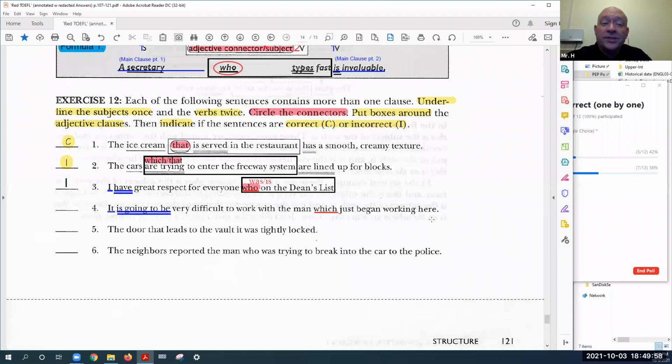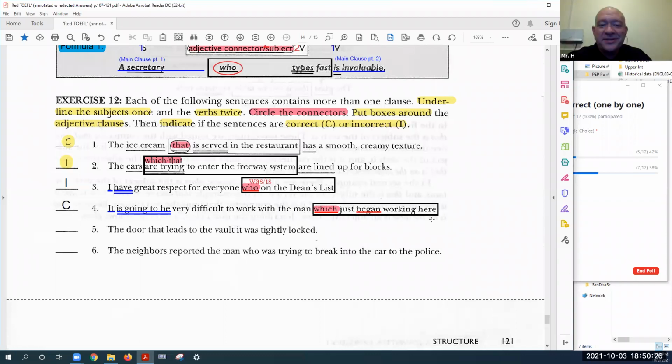Good. Then began working, second verb. Only began. And you said that which is a connector, right? Then you continue the box from which to the end of the sentence.